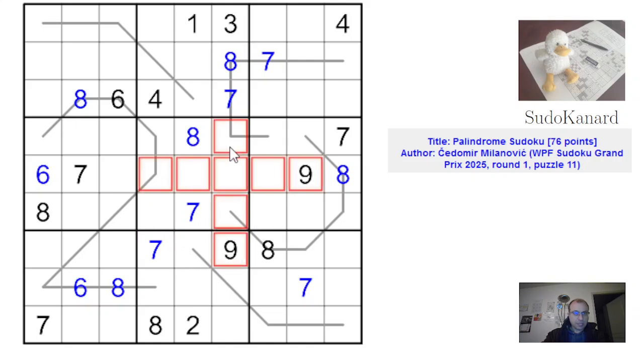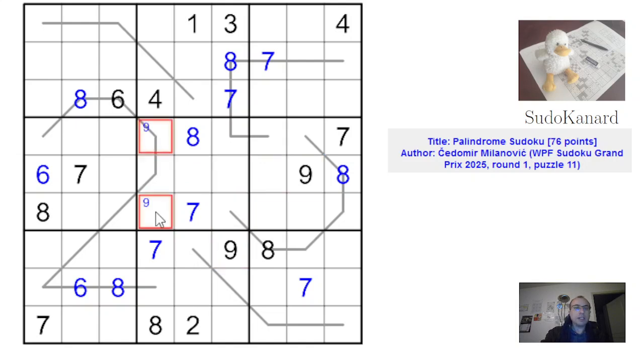Now we can see 9s, so there has to be a 9 somewhere here. This is the same as that, and at this point it can still be a 9. There has to be a 9 around here. This is the same as that, and at this point it can still be a 9.